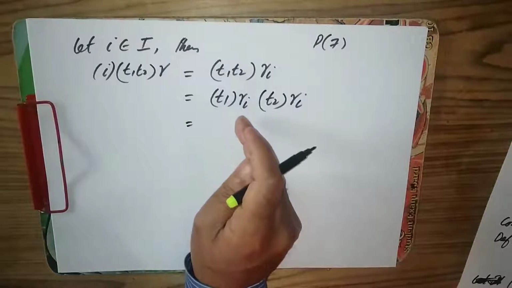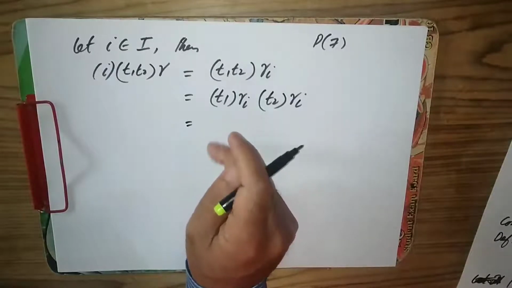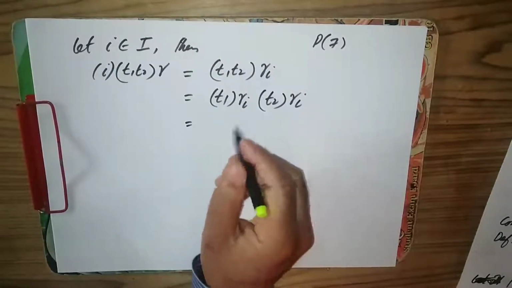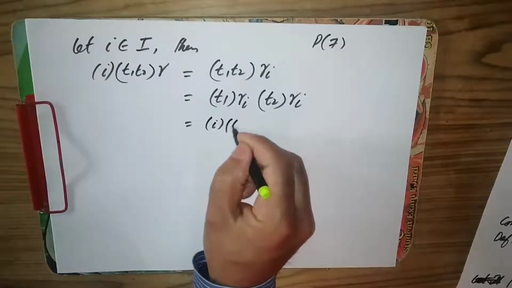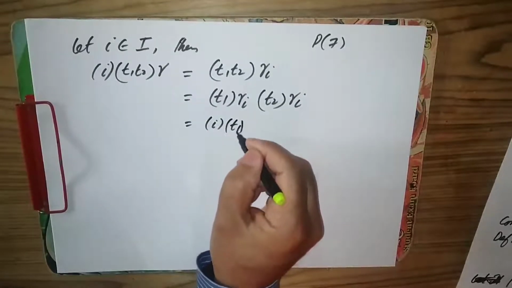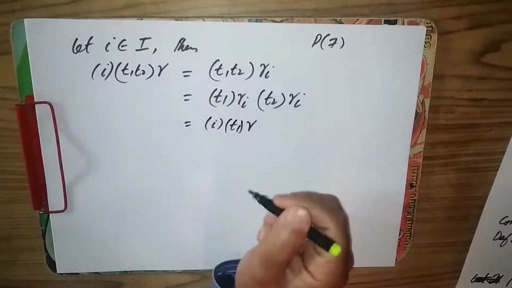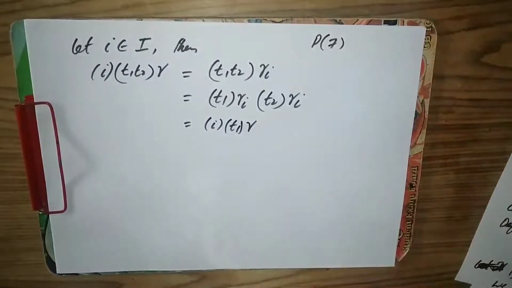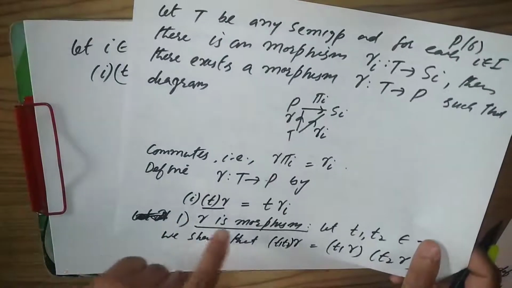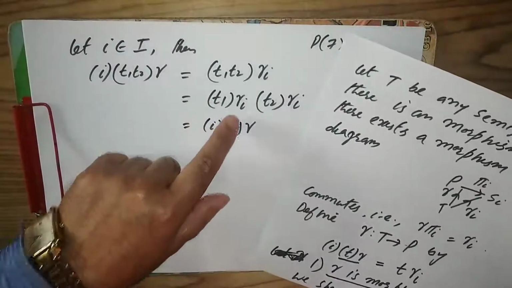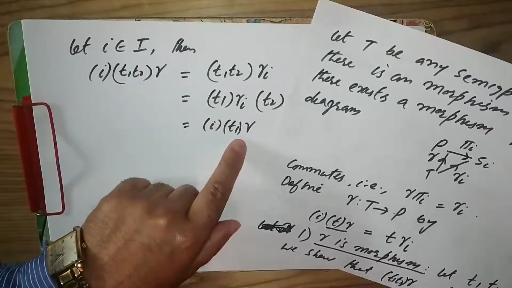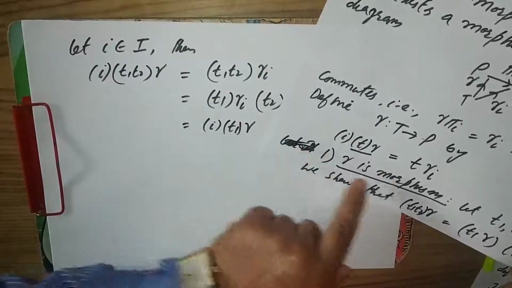And what's this, T1 gamma i? By definition, it's the value at i of T1 gamma. Here you can see T gamma i is equal to i (T gamma). Here it's T1 gamma i, which is equal to i (T1 gamma). Okay, so here we have applied the definition.